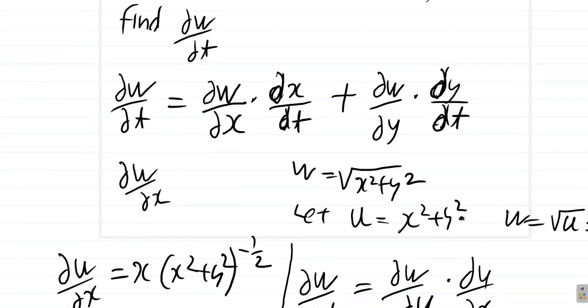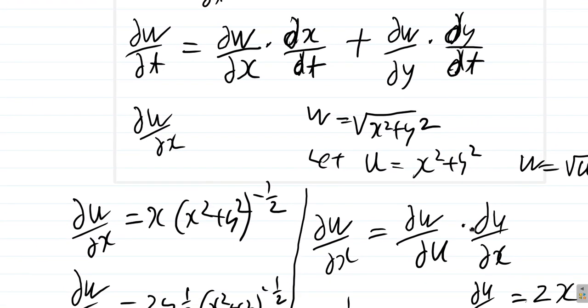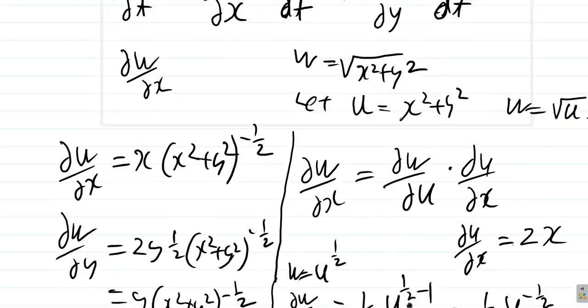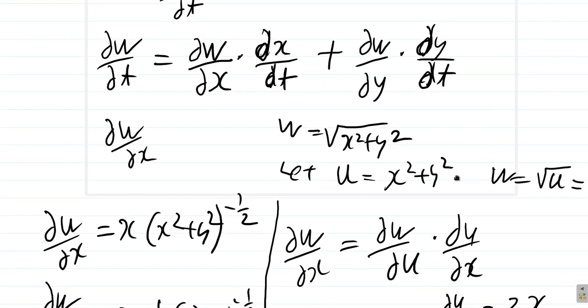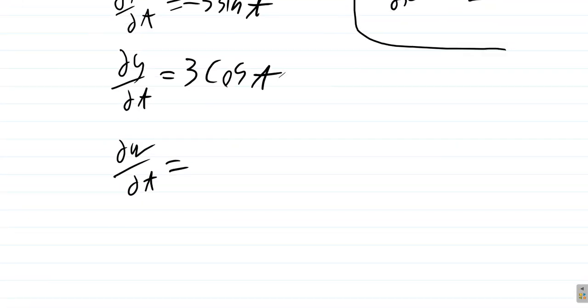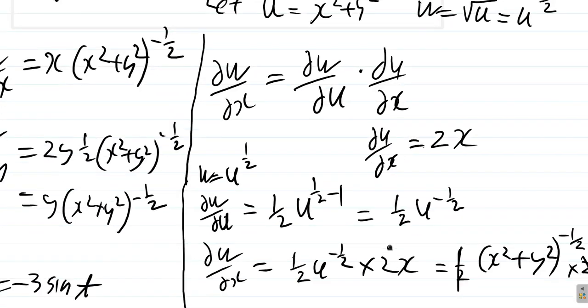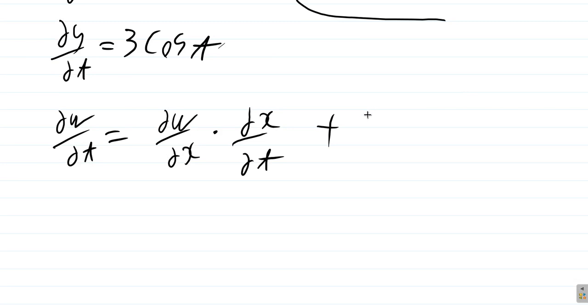So we can put everything together now. Partial w by partial t equal. Let's write back this as it is. Partial w by partial x times partial x by partial t plus partial w by partial y times partial y by partial t.